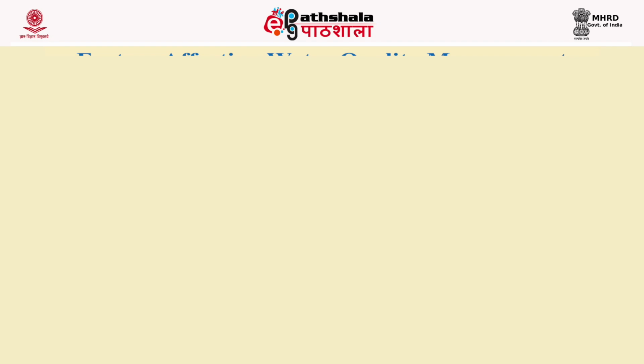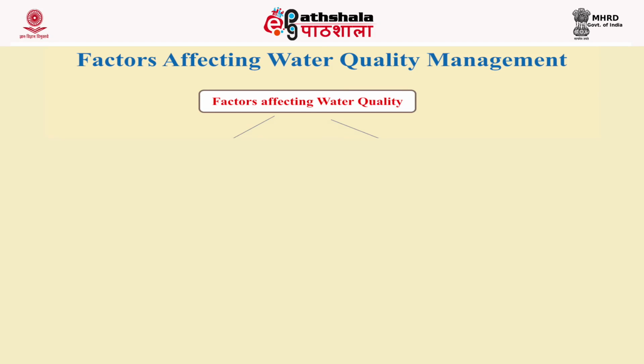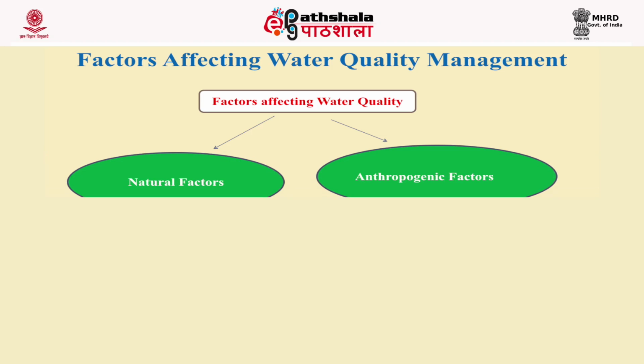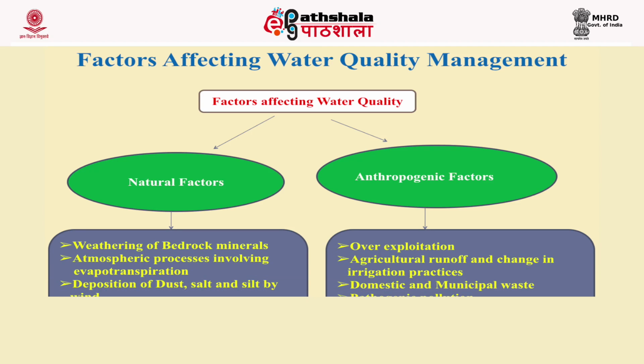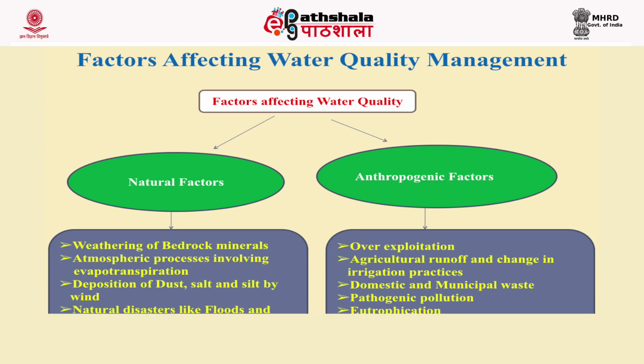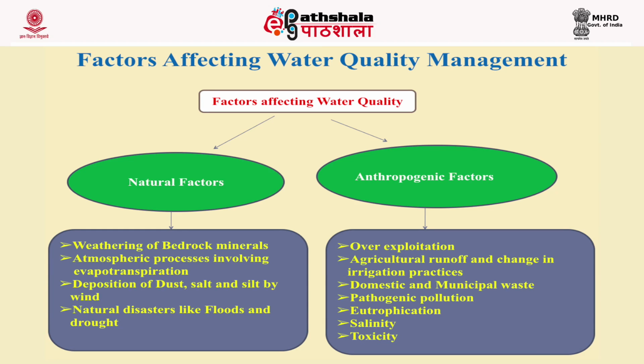Now, what are the different factors that can affect water quality management? The factors can be classified as natural and anthropogenic factors. Natural factors include weathering of bedrock minerals, atmospheric processes involving evapotranspiration, deposition of dust, silt, salt by wind, and natural disasters like floods and drought.